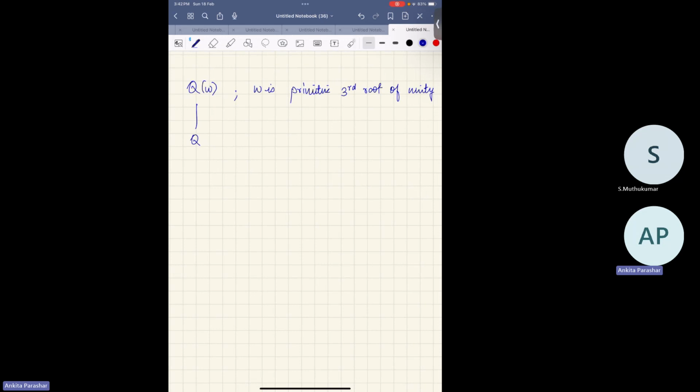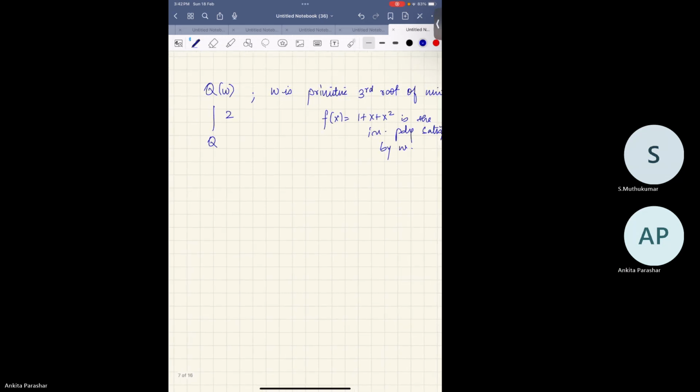What is the degree of this extension? 2, exactly. And what is the irreducible polynomial? 1 plus x plus x squared. Exactly right. This is the irreducible polynomial satisfied by omega.